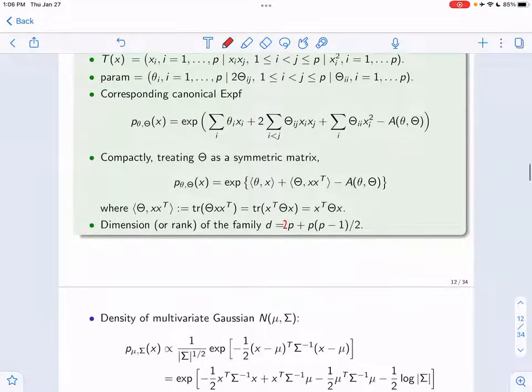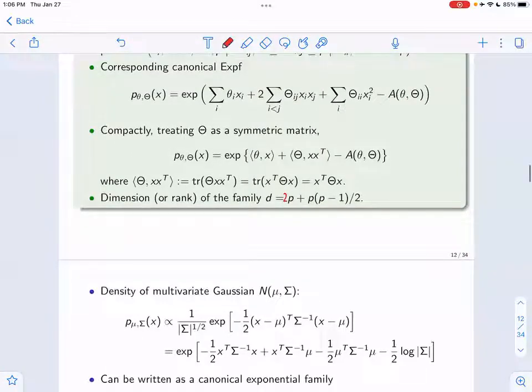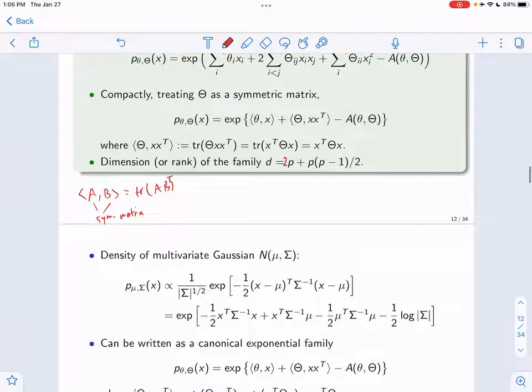So I define an inner product between symmetric matrices; this is the notation I'm going to use. The inner product between theta and x x transpose, both symmetric matrices. In general, if I have two symmetric matrices A and B, I define the inner product as the trace of AB. In general it would be A B transpose, but for symmetric matrices, the transpose doesn't matter.